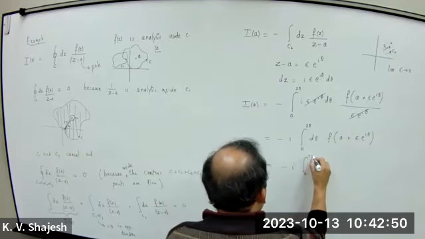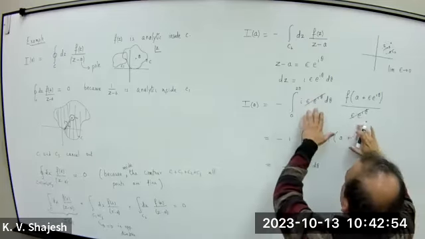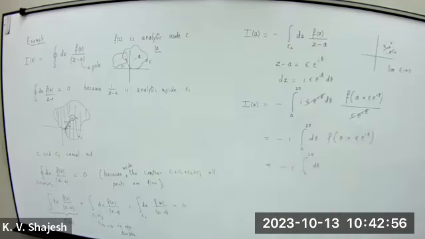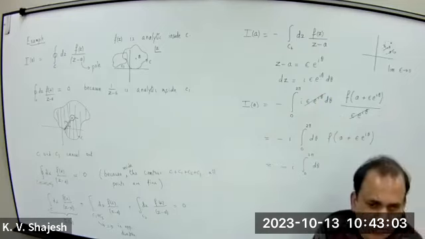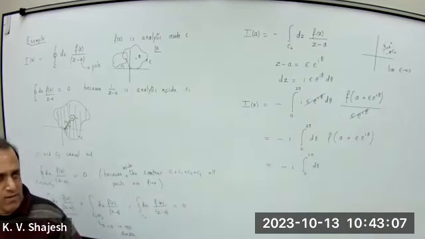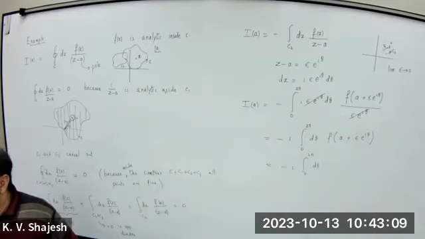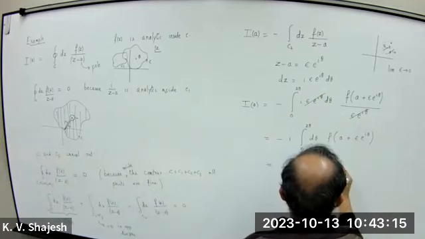This is the integral from 0 to 2 pi of d theta. I can't neglect this because all the divergences were in the denominator that cancelled out. This function was analytic. The whole idea that it is analytic means that if I make a small change, it is not going to go to infinity. A function is analytic means that it is well behaved everywhere. It's not going to go to infinity anywhere nearby. So that's important. So that's f of a.